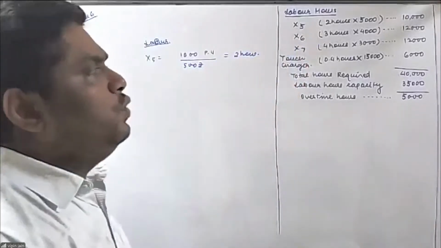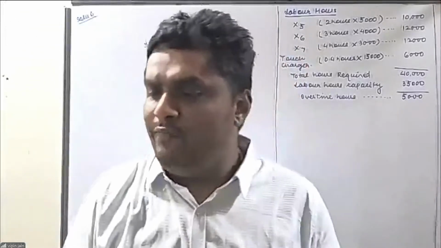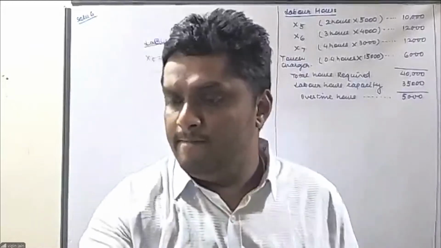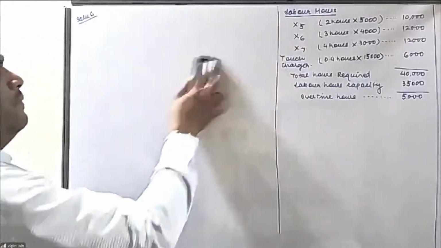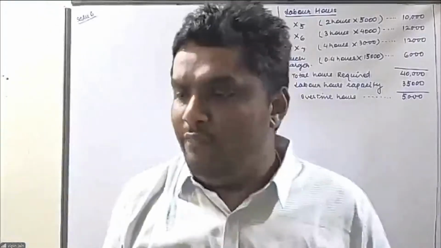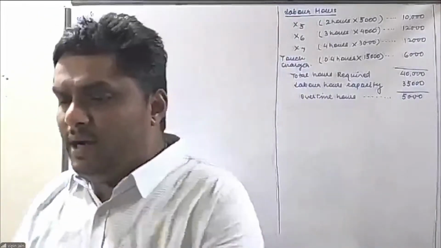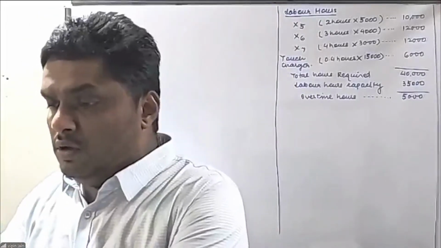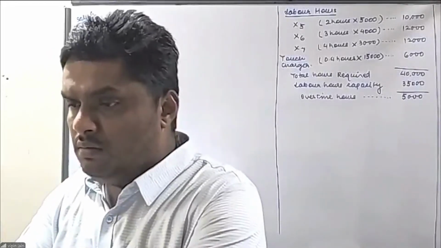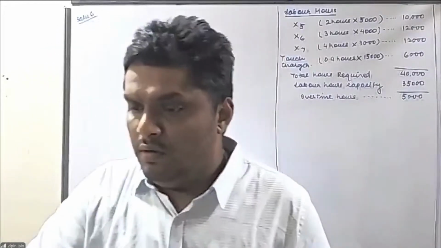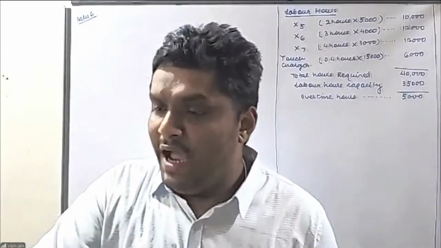This is how I get 2 hours, 3 hours, 4 hours, and 0.4 hours. So now we have already calculated the overtime hours. So let's start with the solution. We have the statement of profitability.